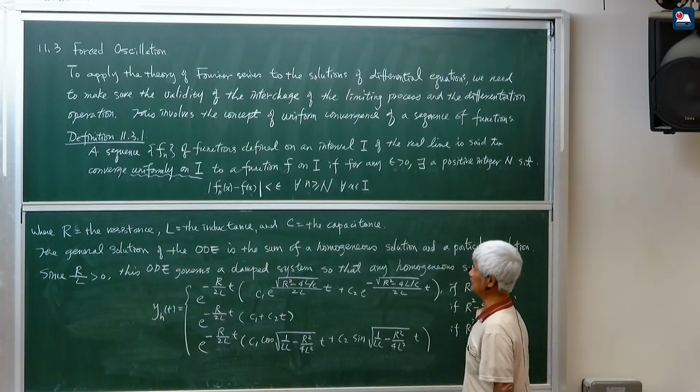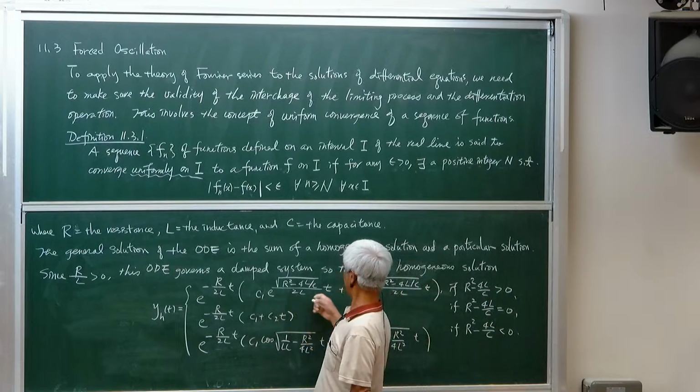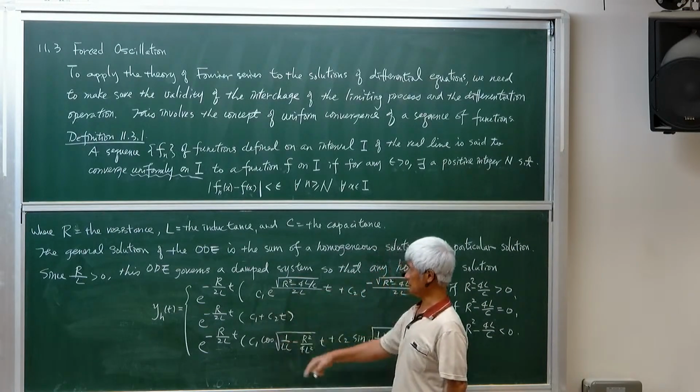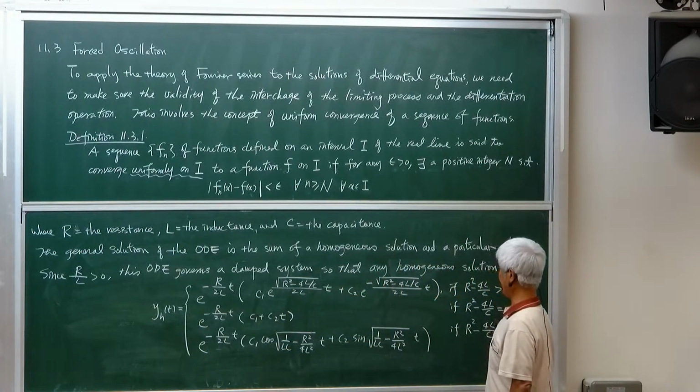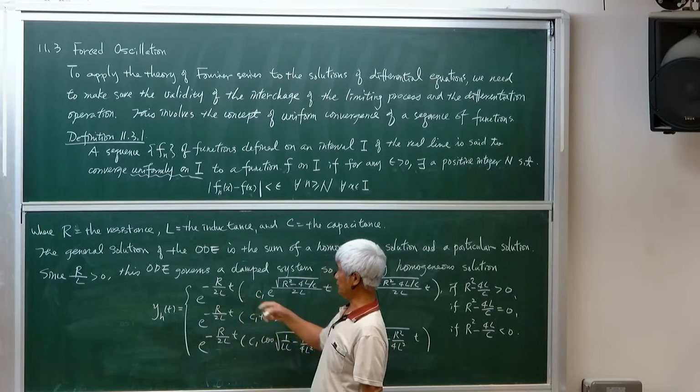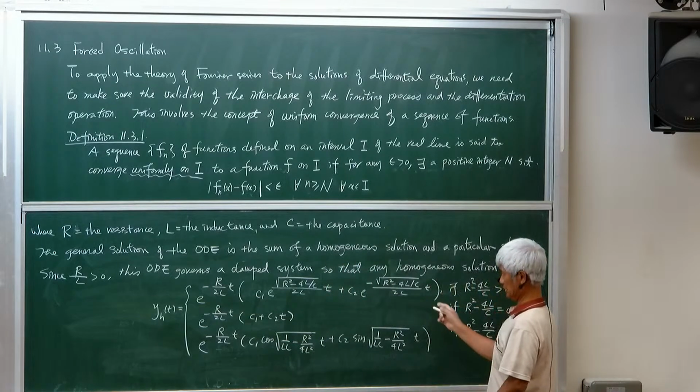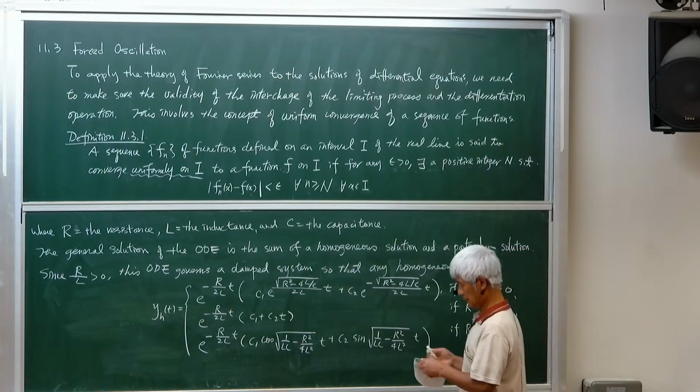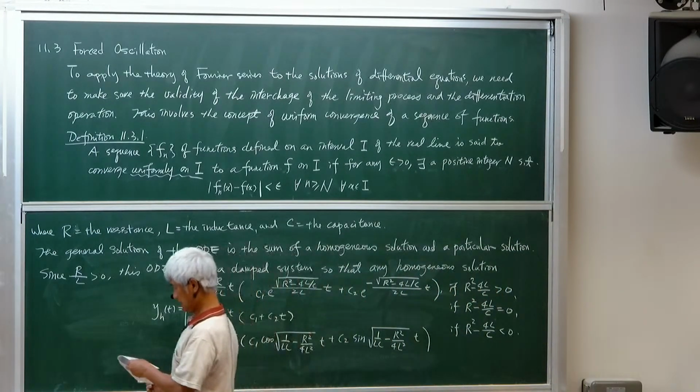As we know, there are two degrees of freedom here, C1 and C2. So we have the homogeneous solutions here.